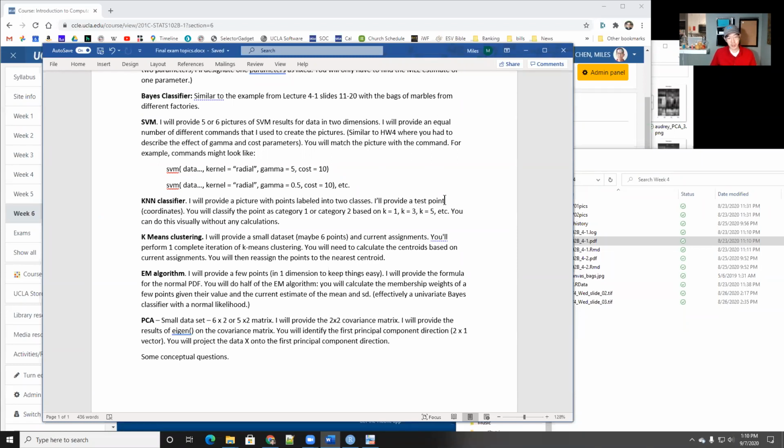So what you will do is classify the point as either category 1 or category 2 based on k equals 1, k equals 3, k equals 5, etc. You'll probably be able to do this visually without any coordinates and without any calculations. You just say, if I put this point here, what's the 1 nearest neighbor?